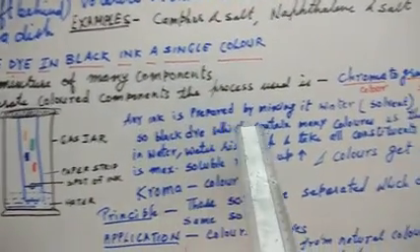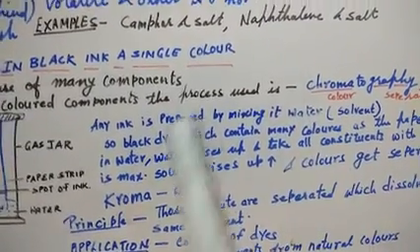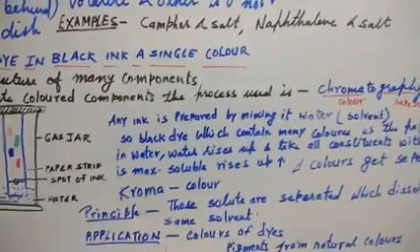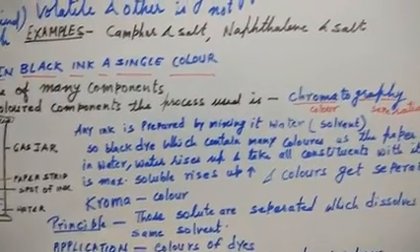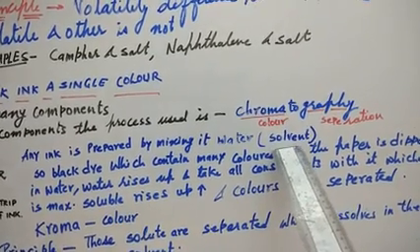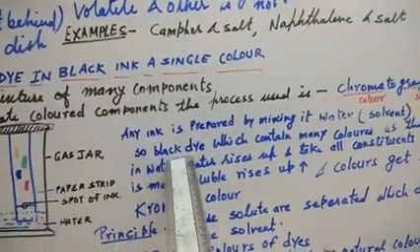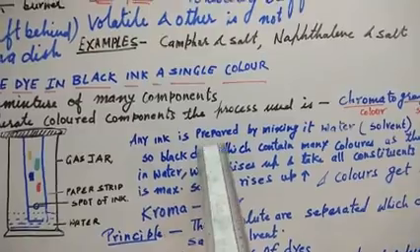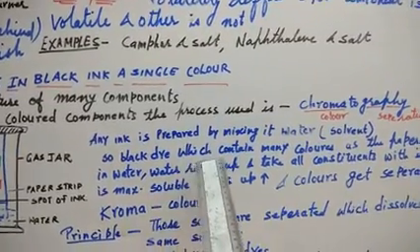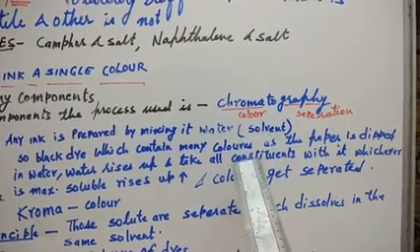Any ink is prepared by mixing it in water, as we separated water from the ink in the first separation method. Water acts like the solvent. As we evaporated it, all the water evaporated, leaving behind the ink. But here we are talking about black colored ink, which is not a single color. It contains many colors in it.